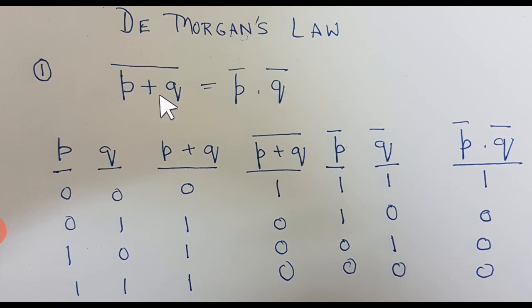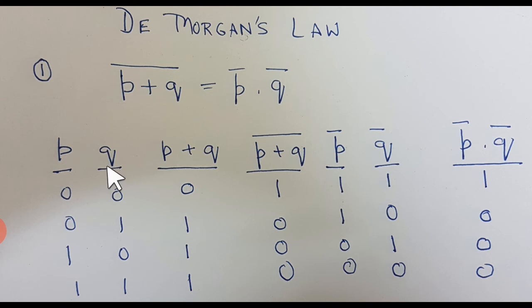So if you complement any logical sum or any OR, then what do we get? You get the product, or the logical product, of the variables involved in that OR operation. Alright, and then we can verify here.